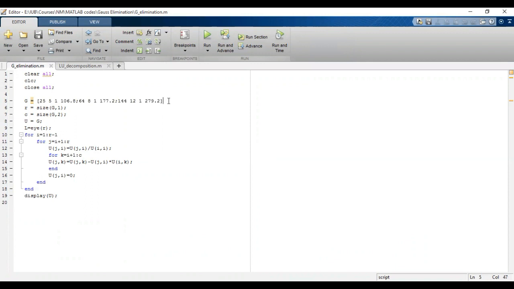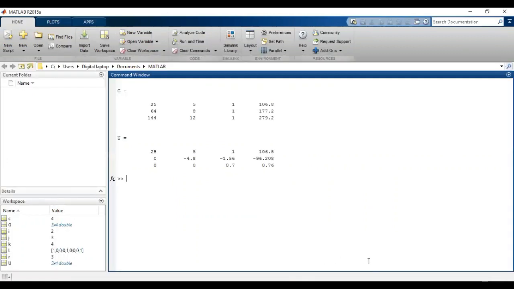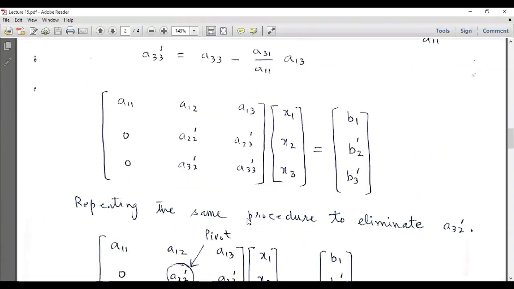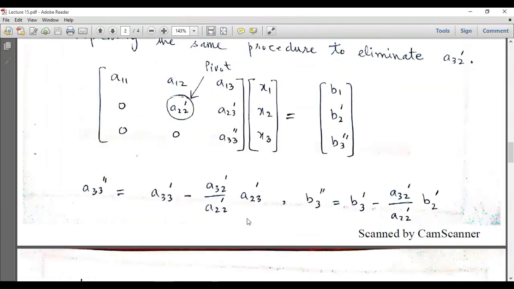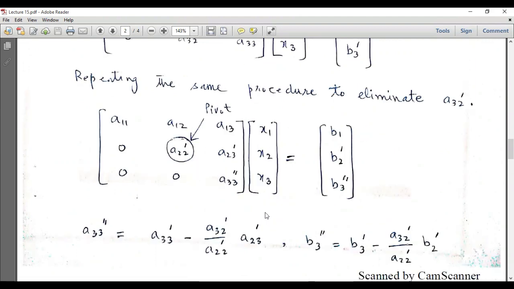For example, a 100 by 100 system can also be solved using these simple lines. Okay, so that was one way of achieving the Gaussian elimination algorithm in MATLAB, right? So after achieving such an upper triangular matrix, backward substitution can be done to evaluate the unknown variables.